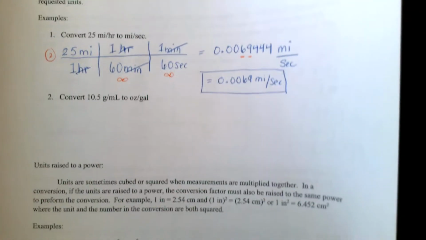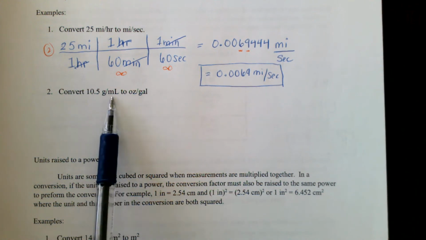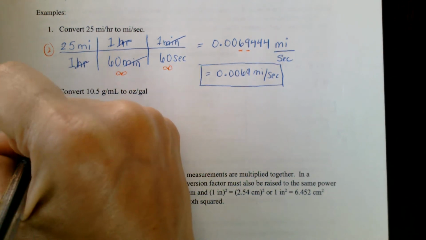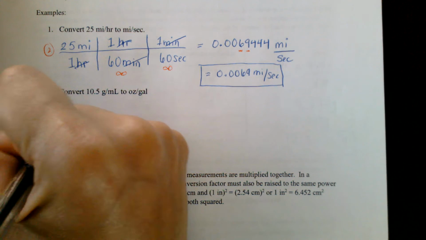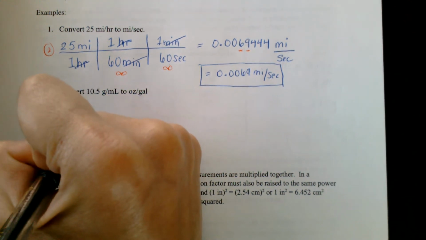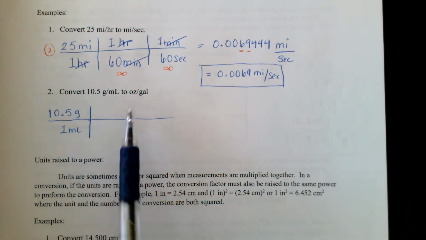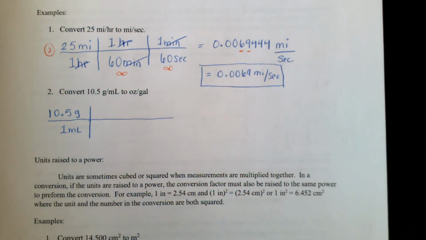Okay, so this next problem, we're converting grams to ounces and milliliters to gallons kind of simultaneously here. So we'll have 10.5 grams per 1 milliliter. Okay, so we'll choose if we want to do mass first or if we want to do volume.